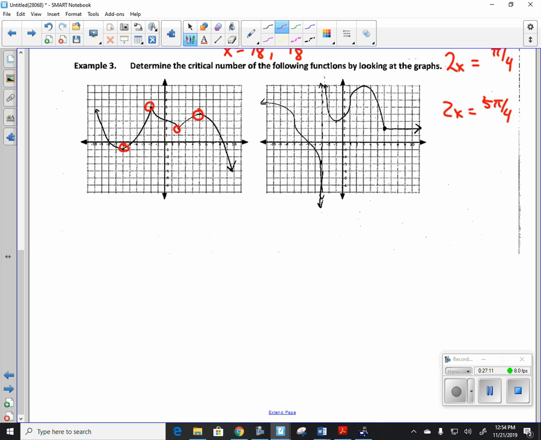How about here? Yeah. We would say that this would be critical if it was part of the domain. Is -3 part of the domain? So it's not a critical point. Those are your critical points.